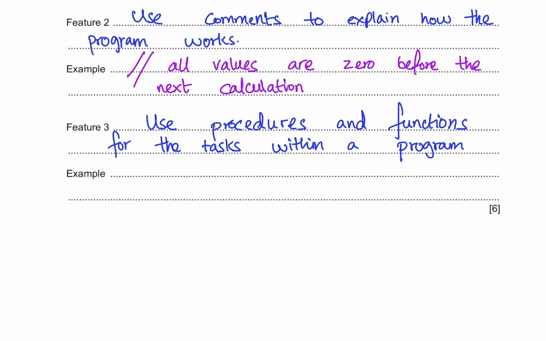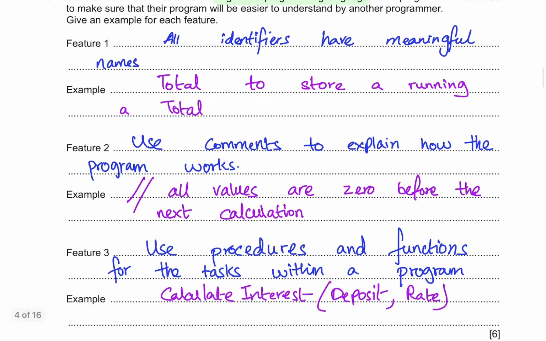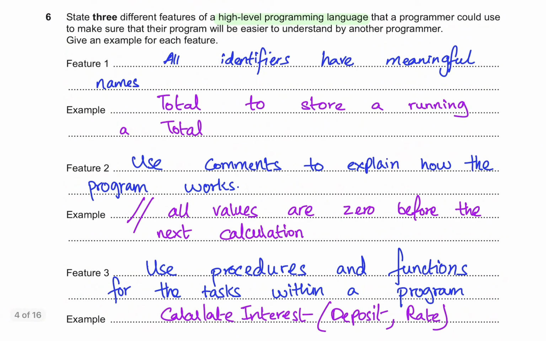For example, to calculate interest, and then this could be the function with deposit and the rate. Just basic features for a high level language so that a programmer could make sure the program will be easier to understand by another person.